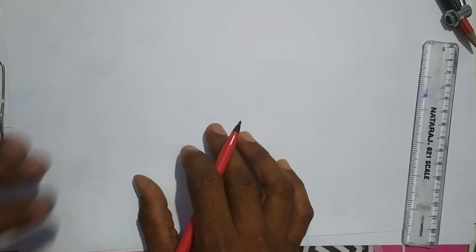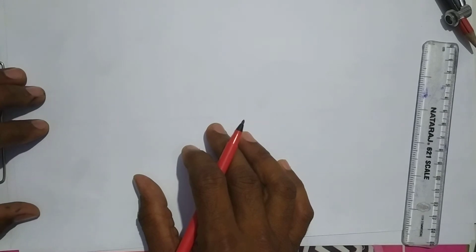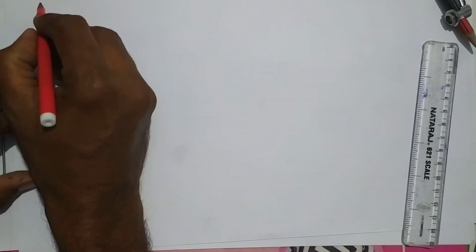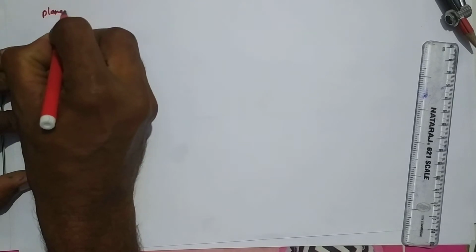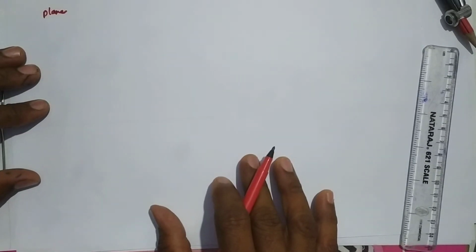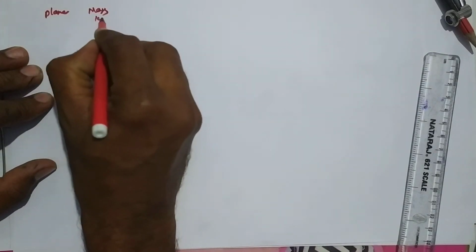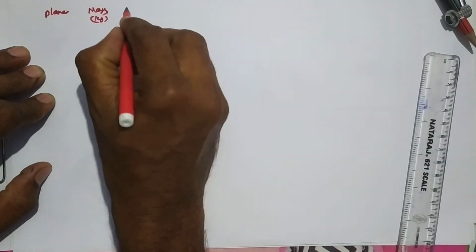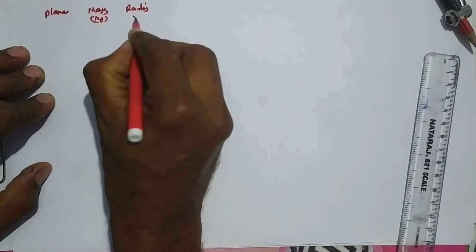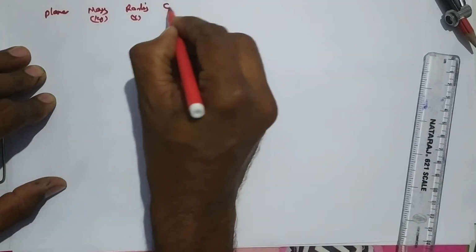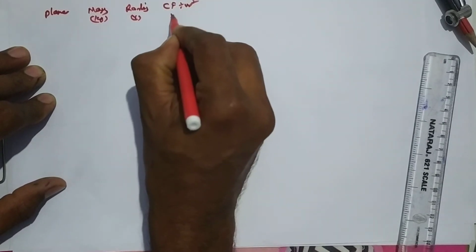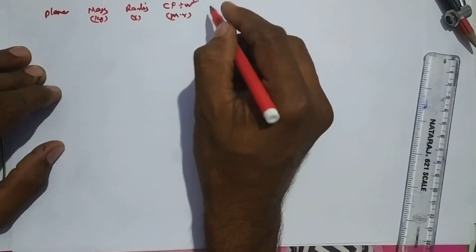If you want to draw the secondary force and couple polygon, again you draw the table. So the plane, mass in kg, and radius of rotation r, then centrifugal force divided by omega square, so m into r, you are getting that centrifugal force.